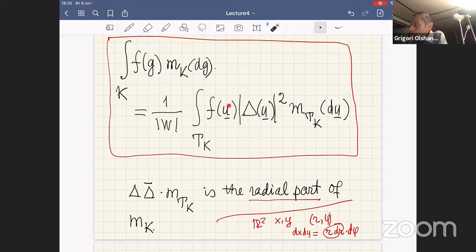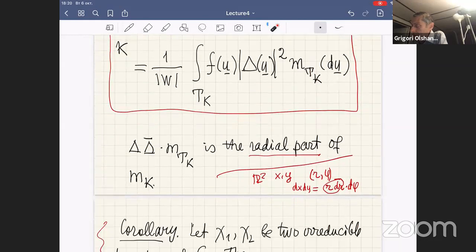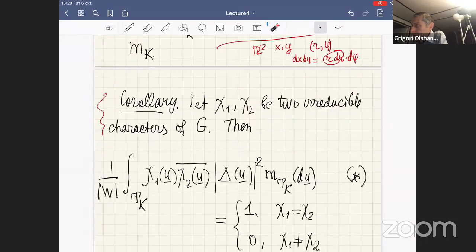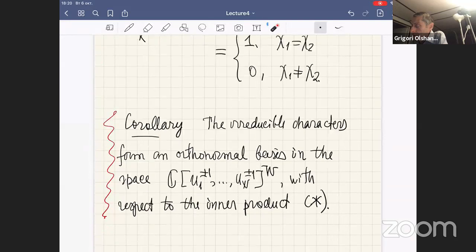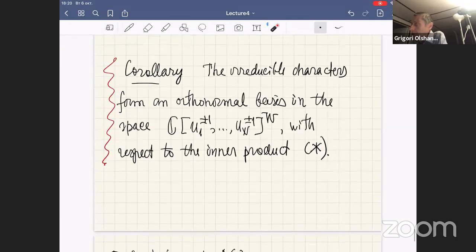So this formula is the source of the Weyl character formula. I will discuss it next time, but I would just like to make this observation. So I repeat, the irreducible characters form an orthonormal basis in this space.